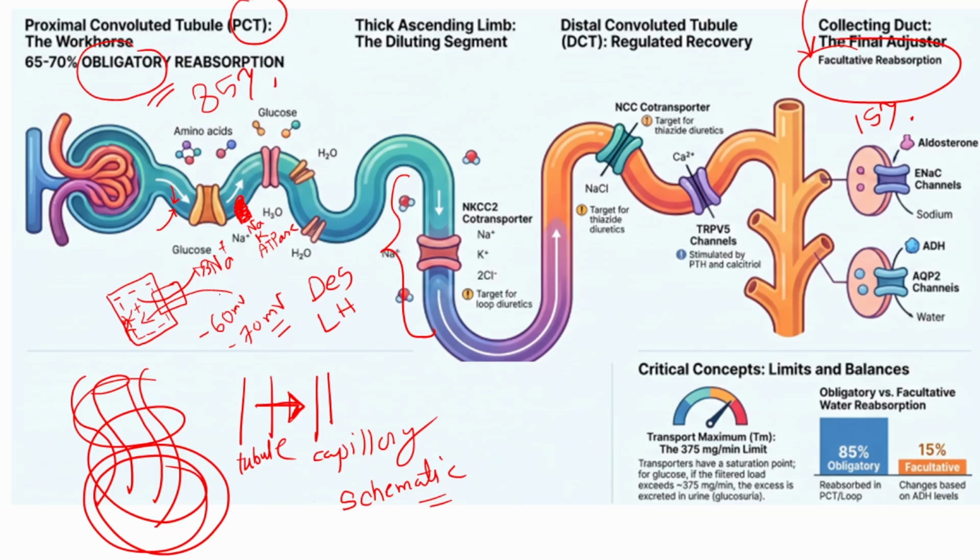First, we locate the workhorse, the proximal convoluted tubule or PCT, this part particularly, which achieves a massive 65 to 70% obligatory reabsorption of the filtered load. On its apical membrane, we position a highly specialized family of co-transporters utilizing that sodium gradient. We place the sodium glucose co-transporter 2 or SGLT2.